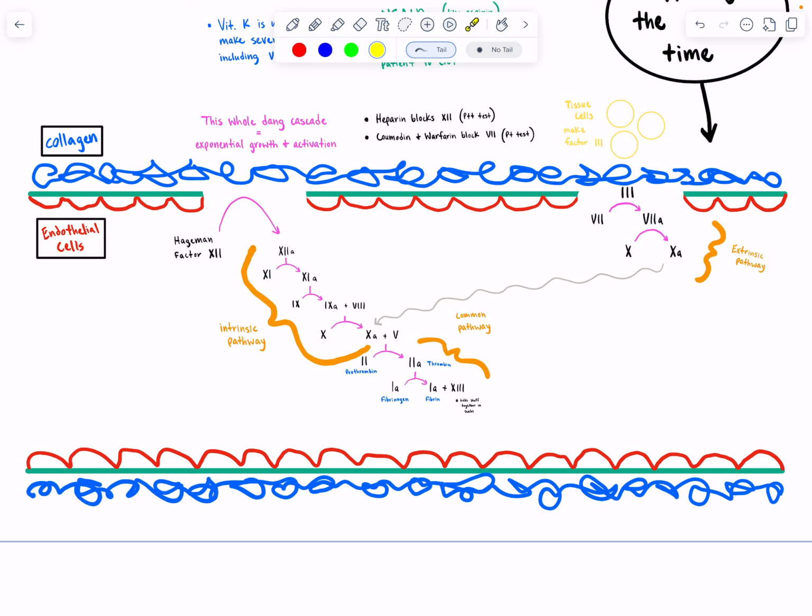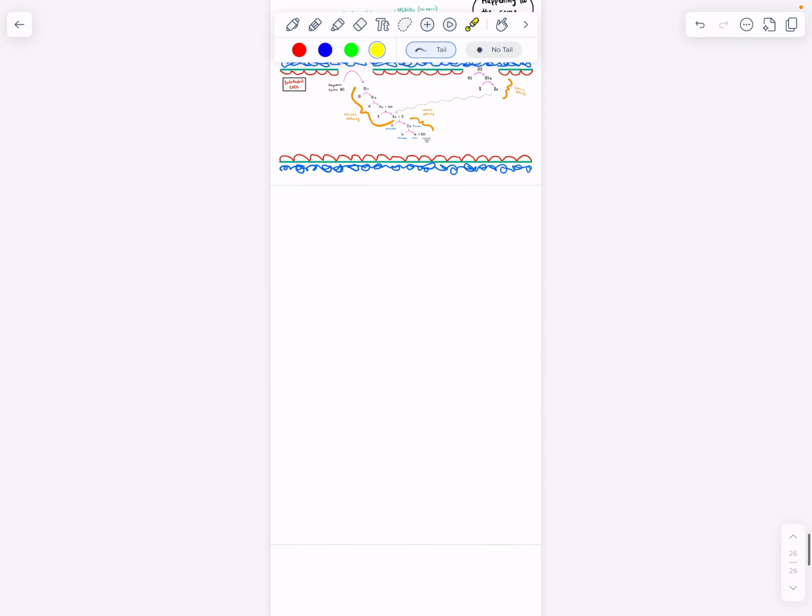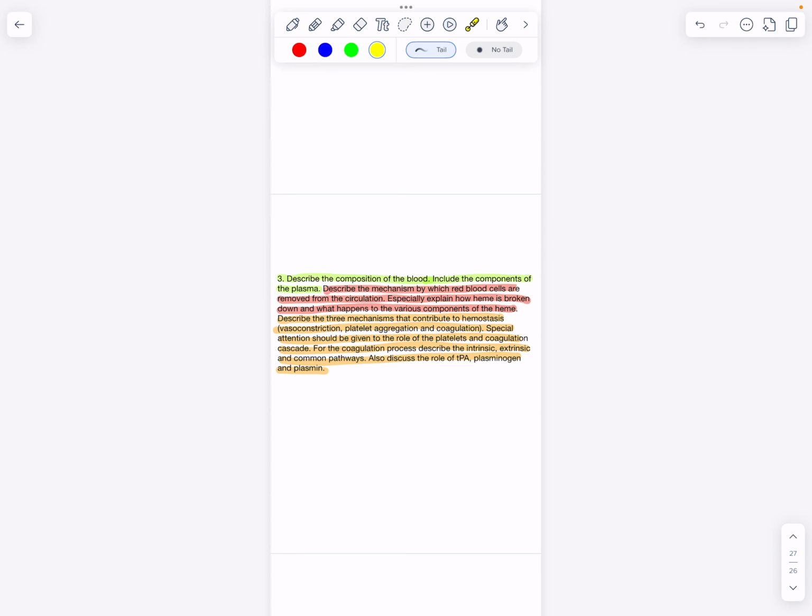We don't have to worry about it getting in our bloodstream because plasmin eats it up. So that's the role of TPA, plasminogen, and plasmin: to break down the clots.